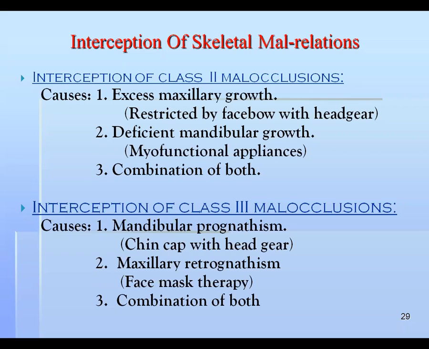If class 3 is due to maxillary retrognathism, face mask therapy to enhance the growth of the maxilla can be used to reduce the severity of class 3 or to correct it to class 1. And when class 3 is due to a combination of these two, we can use both of them to reduce the severity or to correct the malocclusion.